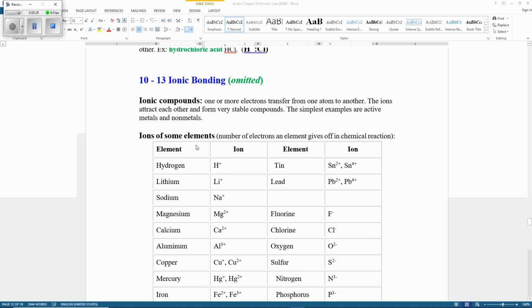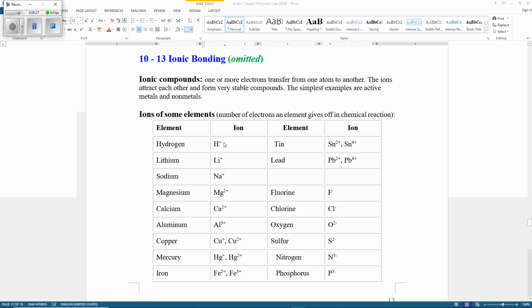Section 13, we are not going to study, just telling you. 1 plus means offering 1 electron. That's the alkalis. Then the second column, second group, offers 2, so the 2 plus.